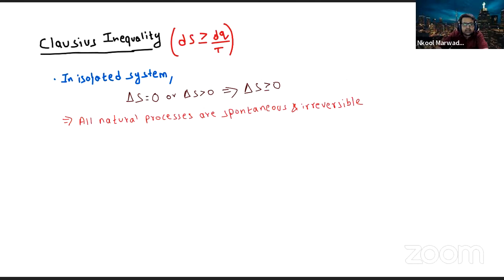Now the second scenario. If I talk about reversible processes, there are some reversible processes also which do occur or we can make them occur.